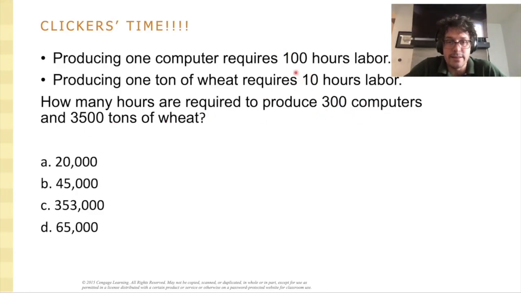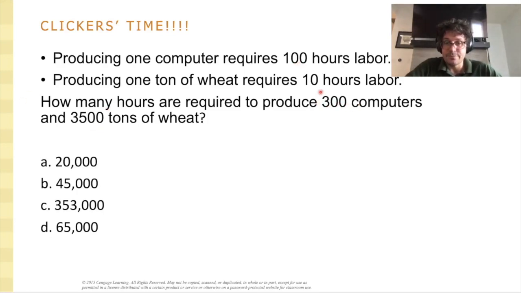So it's 300 times 100 plus 10 times 3,500, which is 30,000 plus 35,000, which is 65,000.